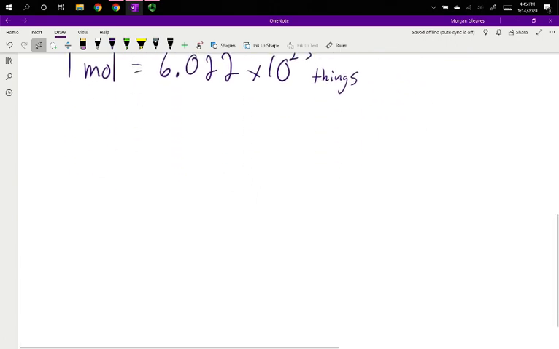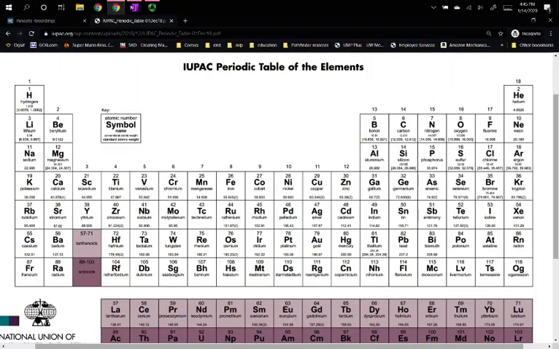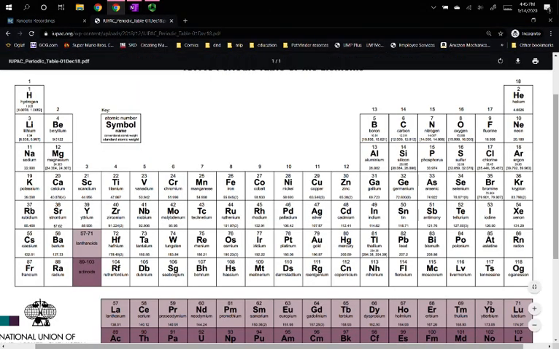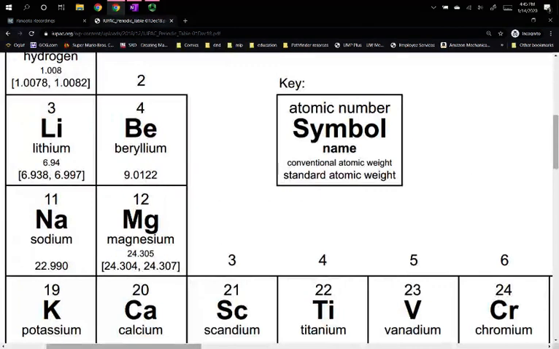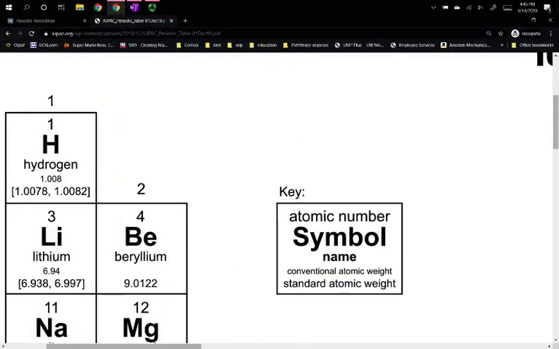Well, let's think back to the periodic table. So let's go back. If we go and look at hydrogen, let's blow it up a little bit, and we see the atomic symbol. Down below it, you will notice a series of 4 or 5 numbers, depending on your periodic table, and the other ones have it.